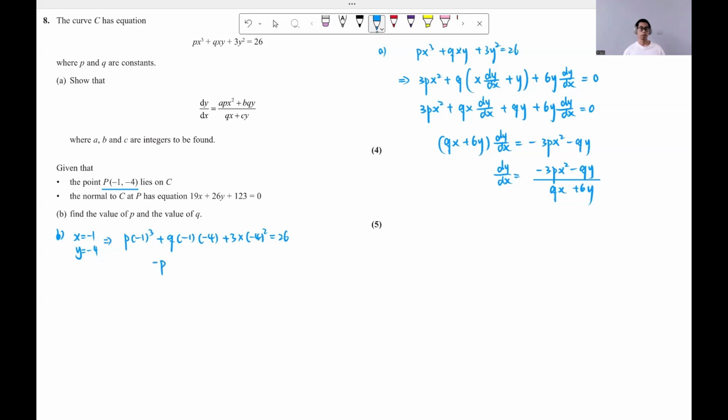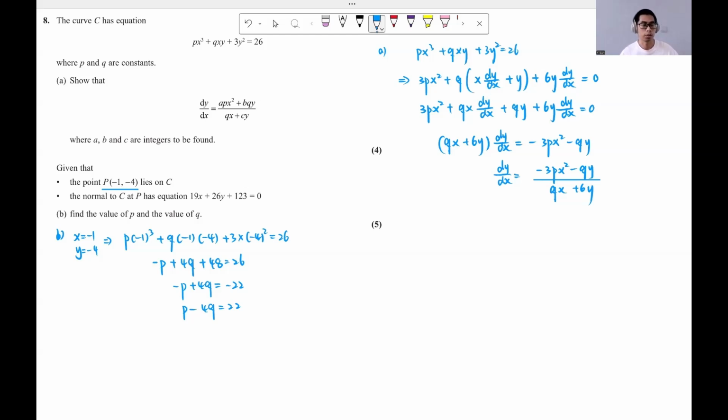So negative p plus -1 times -4 is +4q, and then plus 3 times 4 squared, which is 48, equal to 26. Then negative p plus 4q equal to 26 minus 48, which is -22. Then p minus 4q equal to 22. So that would be our first equation.